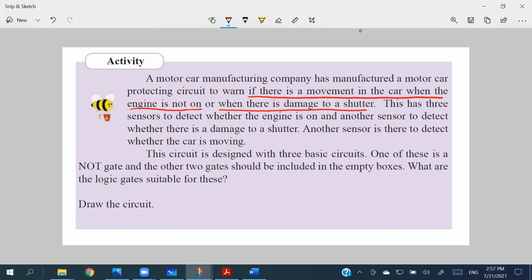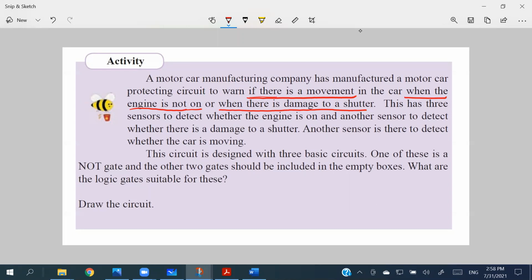So three sensors are there. Right, so the car is in movement when the engine is not on, then the damage is to a shutter. This has three sensors to detect whether the engine is on, another sensor to detect whether there is damage to a shutter, another sensor to detect whether the car is moving, right?